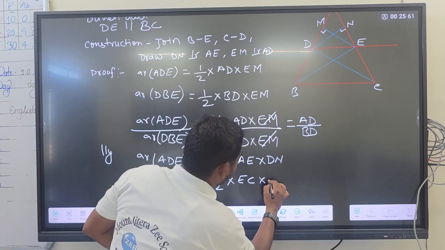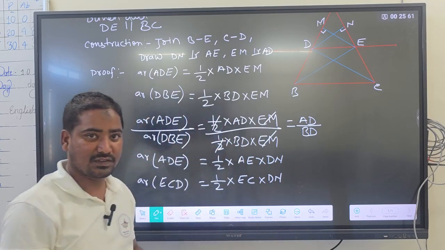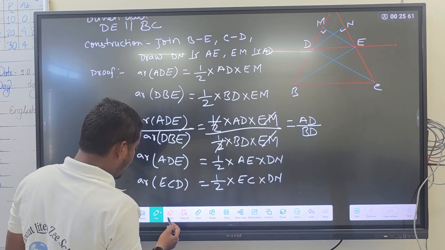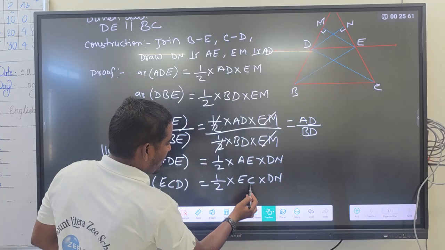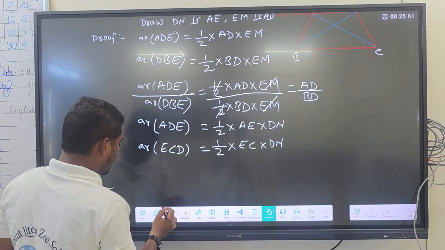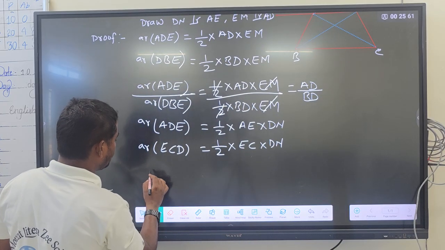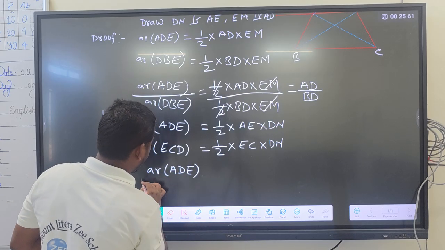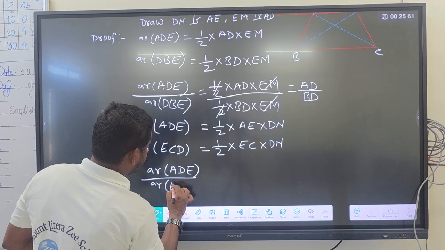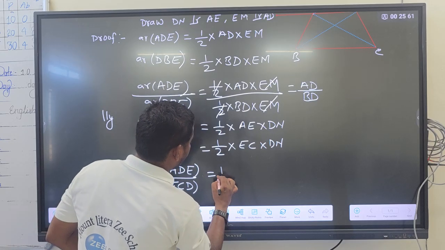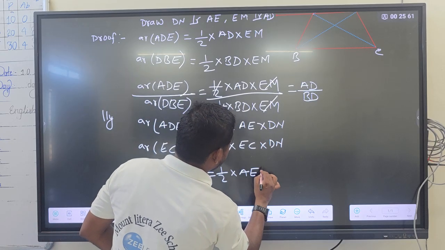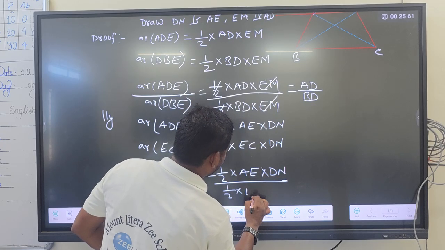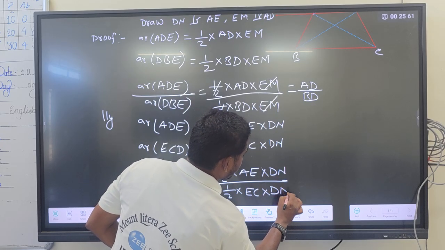into DN. Again we will repeat the same step as we have done earlier. So again we will divide these two areas. If you divide these two areas, students, then area of triangle ADE upon area of triangle ECD will be equal to half into AE into DN upon half into EC into DN.